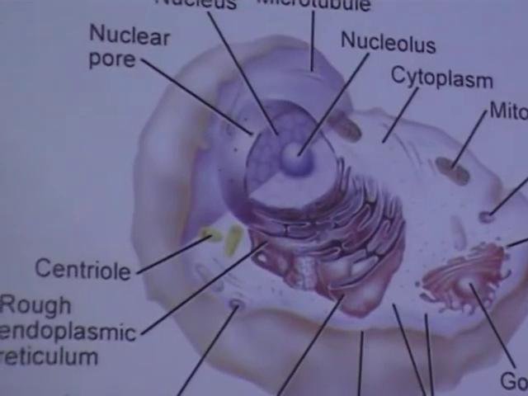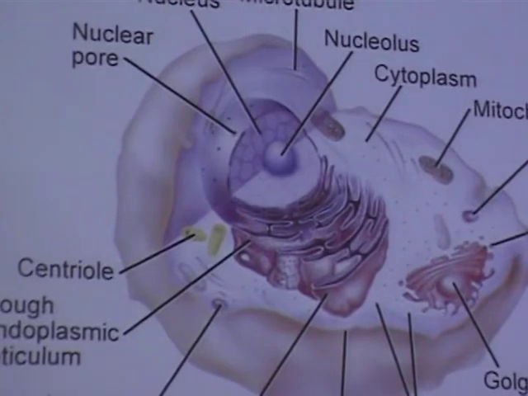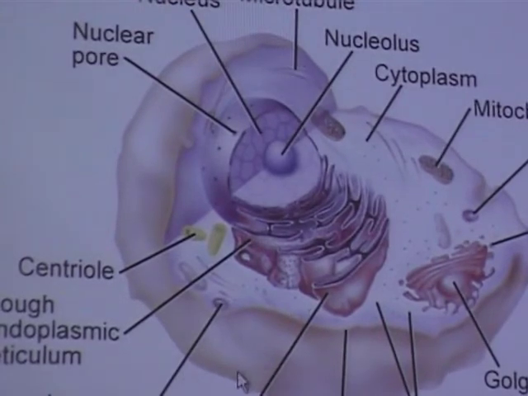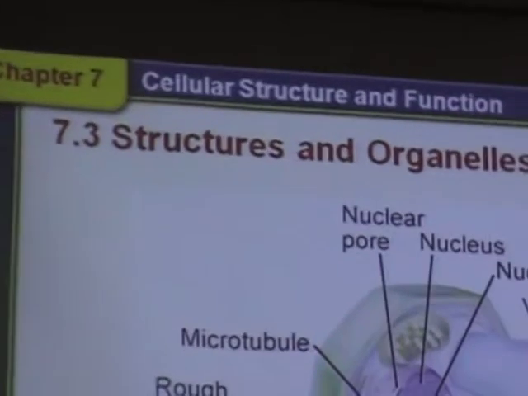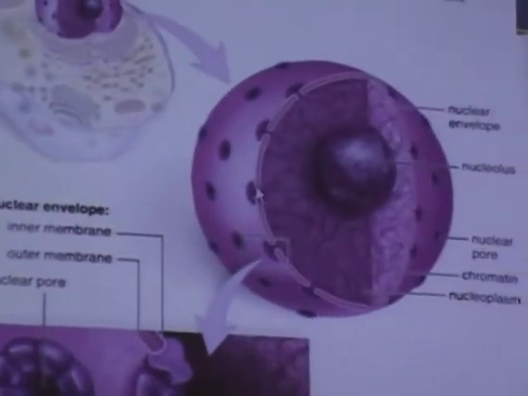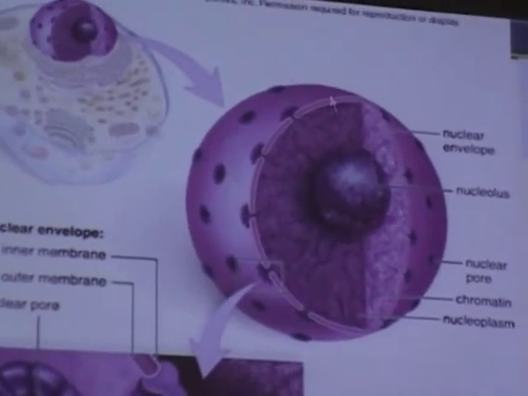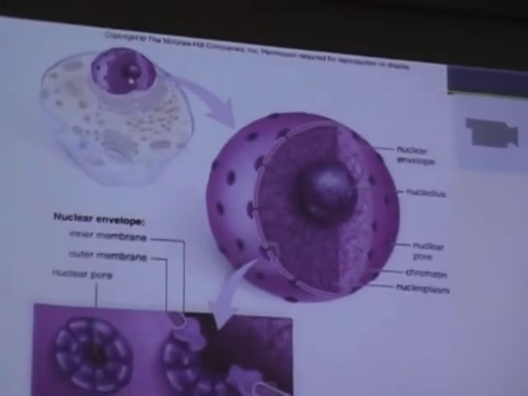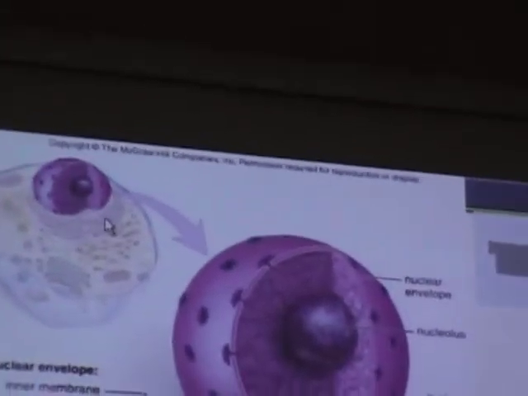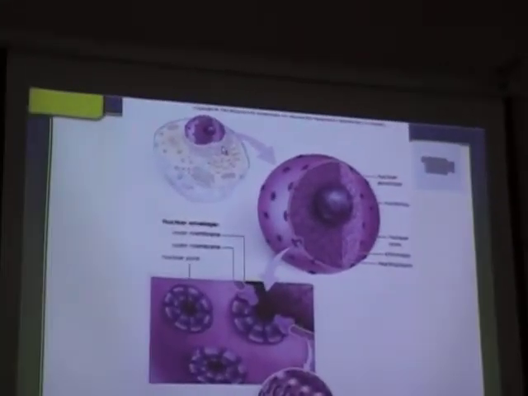Now, if you turn to page 193, the next thing you see is the nucleus. This big round thing inside the cell, that's the nucleus, and the nucleus holds the DNA. Do you remember when we studied nucleic acids? What were nucleic acids made of?